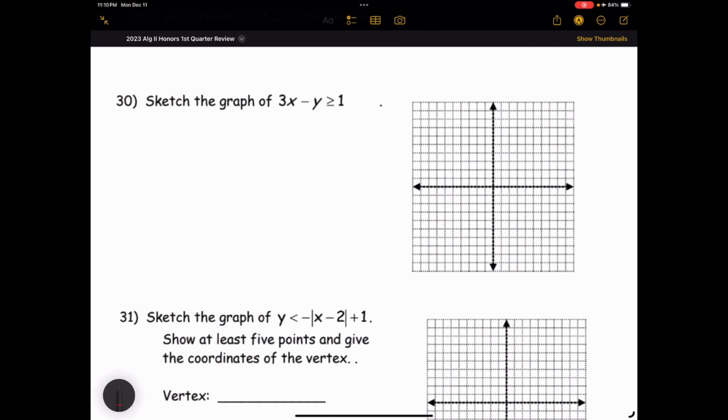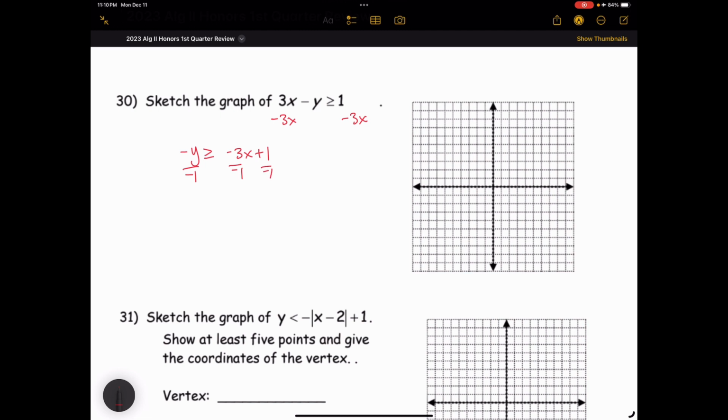All right, number 30. Sketch the graph of 3x minus y greater than or equal to 1. So here, if we solve for y, okay, so -y, so I'm going to divide both sides by -1. Or multiply both sides by -1, however you want to look at it.